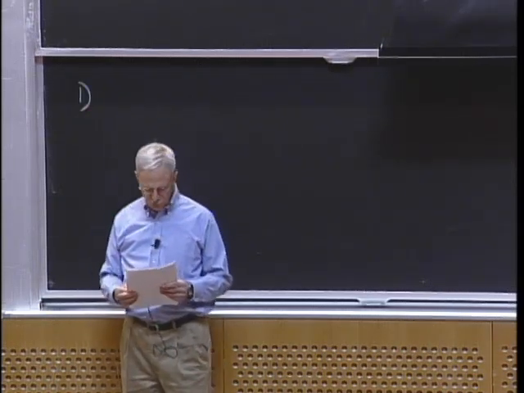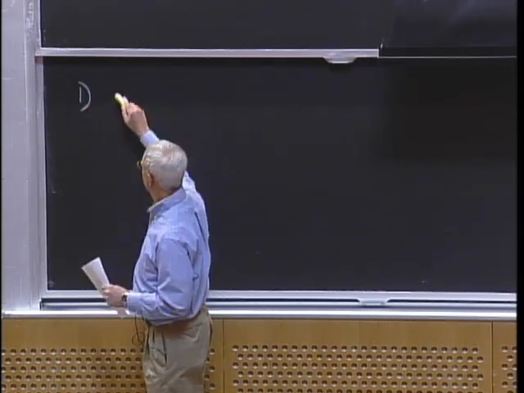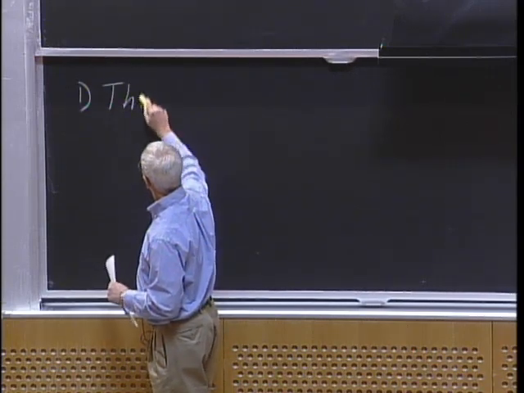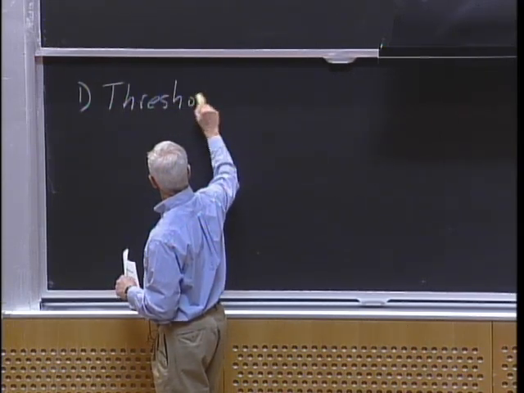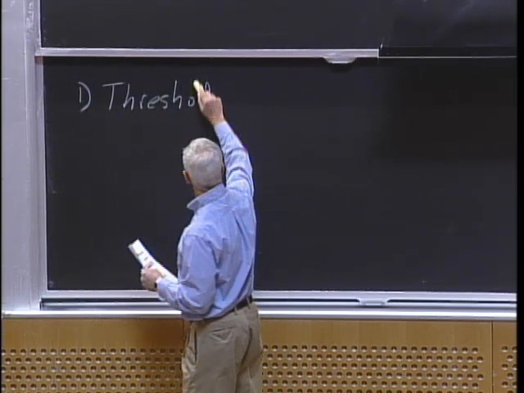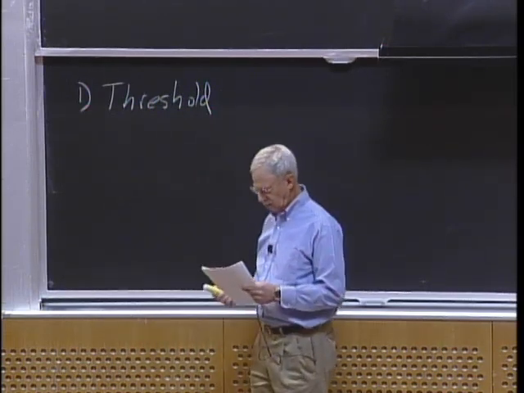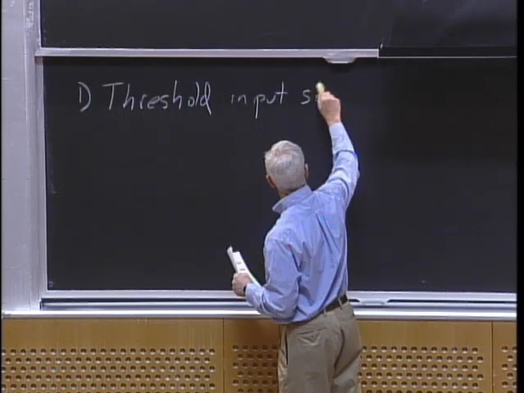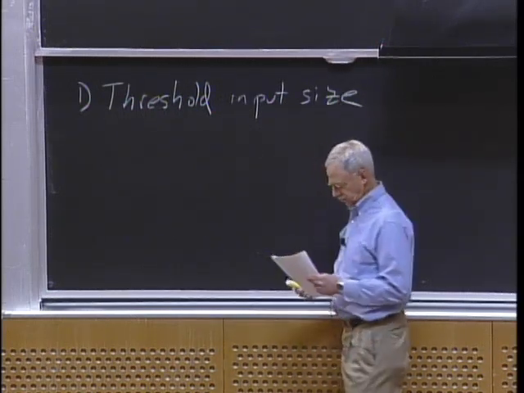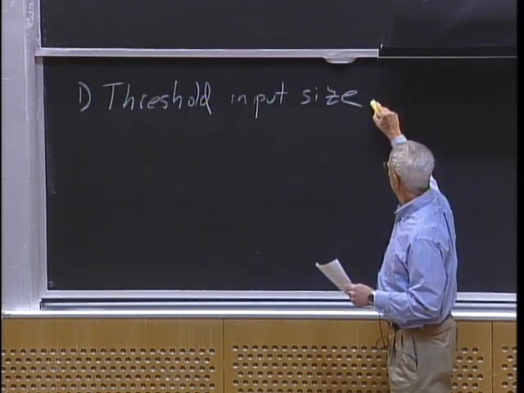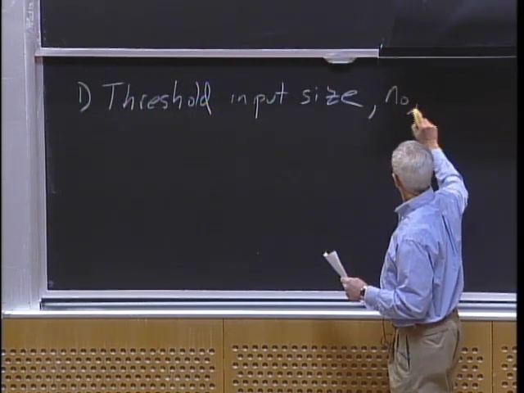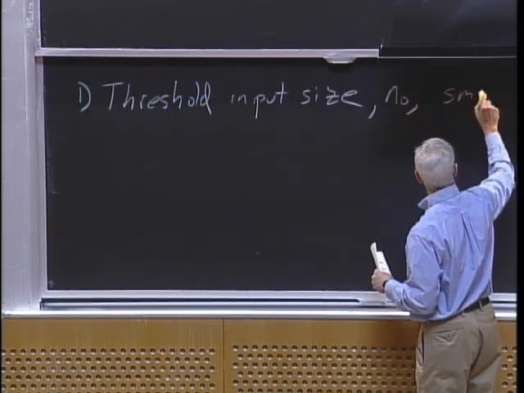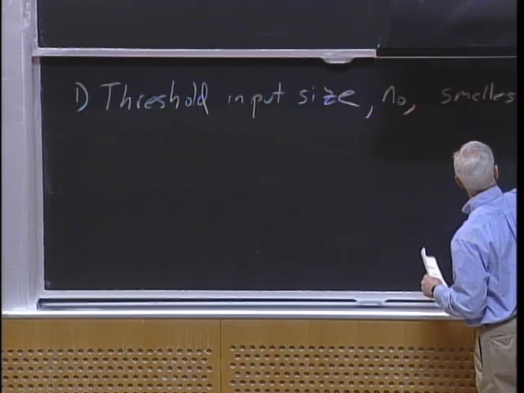First, we have to choose a threshold size. Let's call it N0. And that will be essentially the smallest problem.